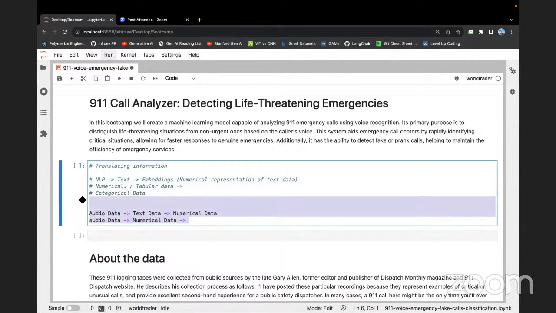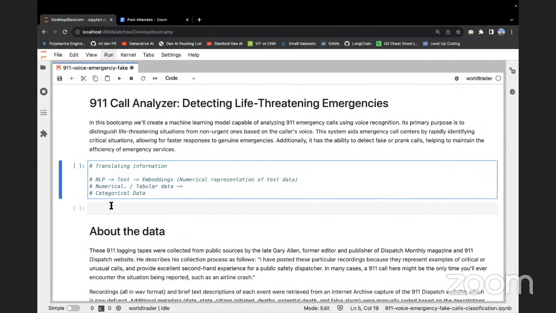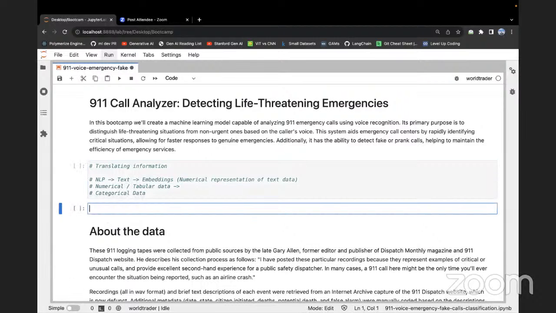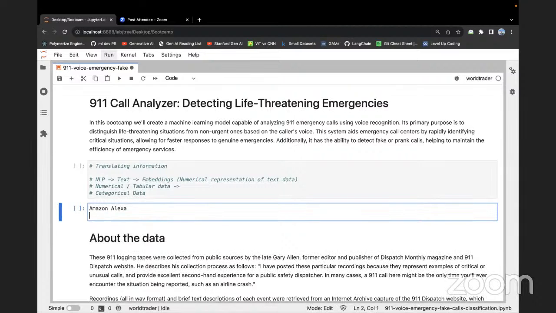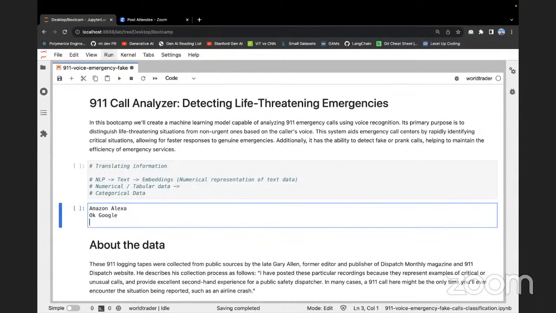So audio data handling and building a machine learning model with audio data is a very exciting challenge. Why? Because think about tools like Amazon Alexa, then you have OK Google, then you have Hey Siri, right? The idea being all of these tools are actually going to work on the same logic.